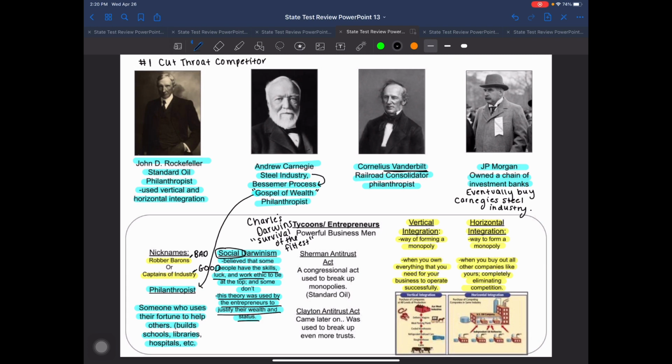Because we start to see, and this, guys, is so very important, our government sees that these monopolies are becoming too powerful, and not just powerful in their industries. They're starting to have a lot of say-so over the government. They have a lot of pull with senators and representatives and even the President of the United States.